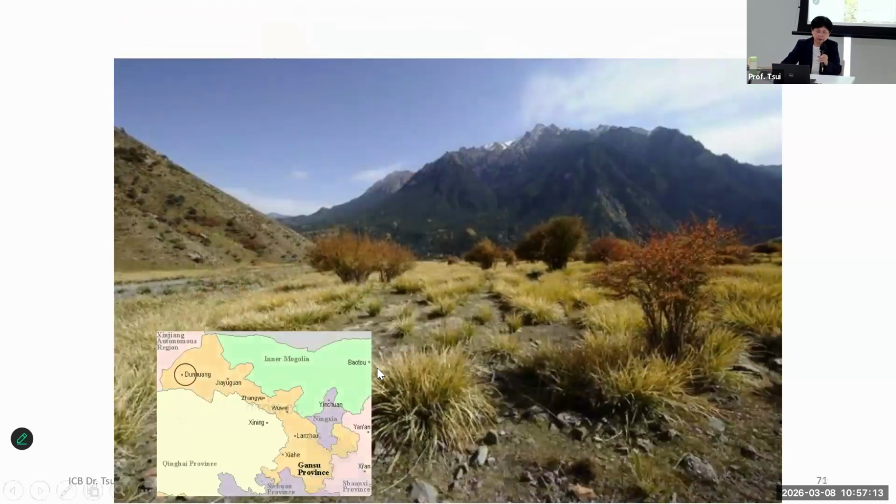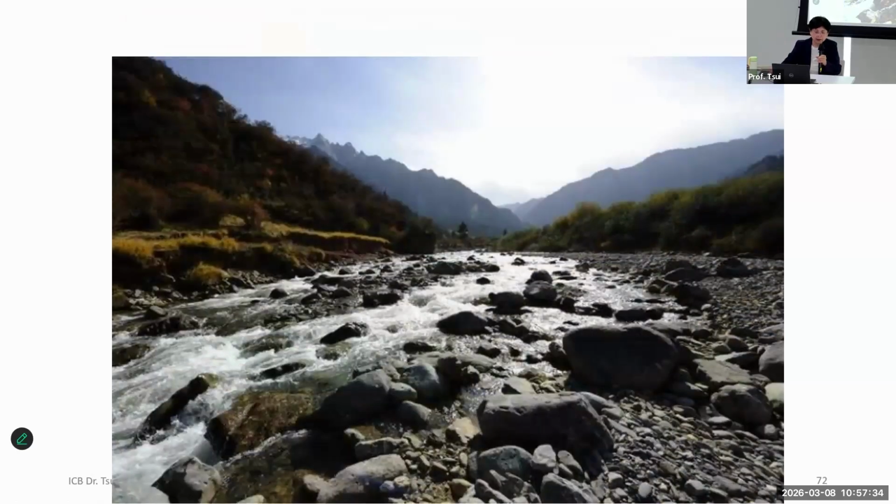So Jingta Si is located in Zhangye city, but the location of the cave is quite remote. So we need to travel, passing by a very beautiful place with landscape, and arrive at Zhangye, Jingta Si and Mati Si. So this is an area with a very beautiful landscape.